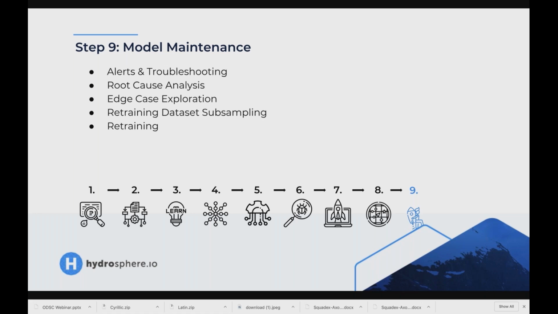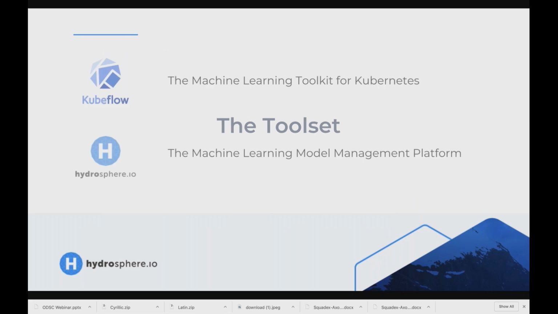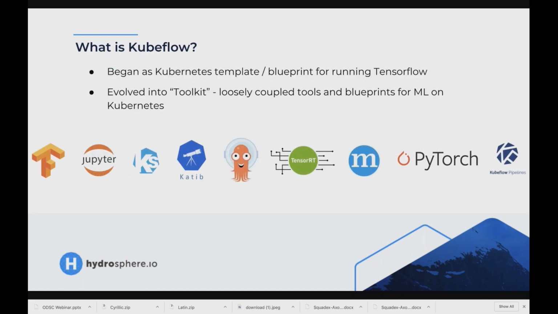Basically, Kubeflow began as a Kubernetes template or blueprint for running TensorFlow. Over time, it evolved into a toolkit, loosely coupled tools and blueprints for machine learning on Kubernetes. The toolkit and loosely coupled are keywords here. TensorFlow, KTeep, and other tools are independently developed tools deployed on Kubernetes and orchestrated by Argo.